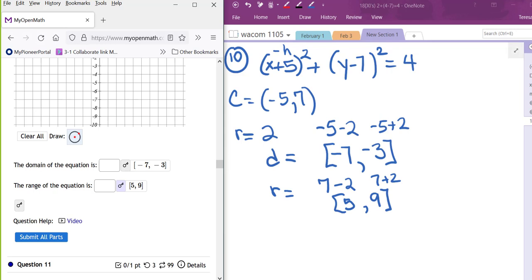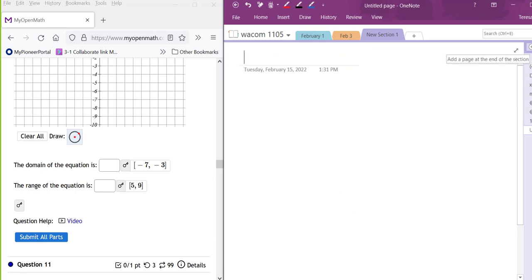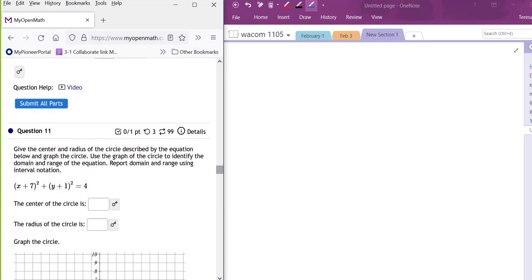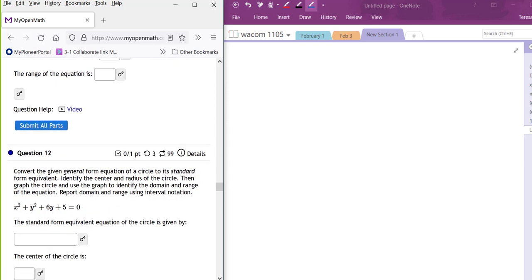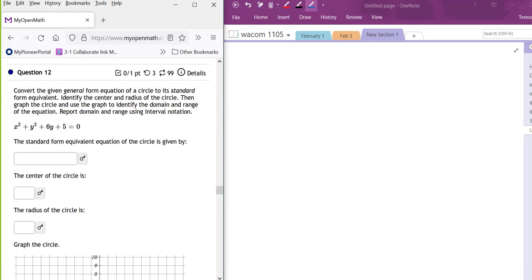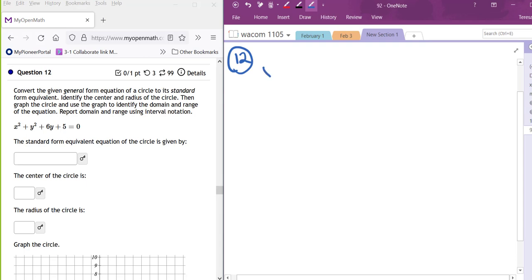All right, let's see. Next, I picked question 12. And this is your first one where you have to complete the square to make the equation. So hopefully you remember this skill. And so we have what is called the general form, and we want to convert it to standard form. It requires completing the square 2 times on the same side.